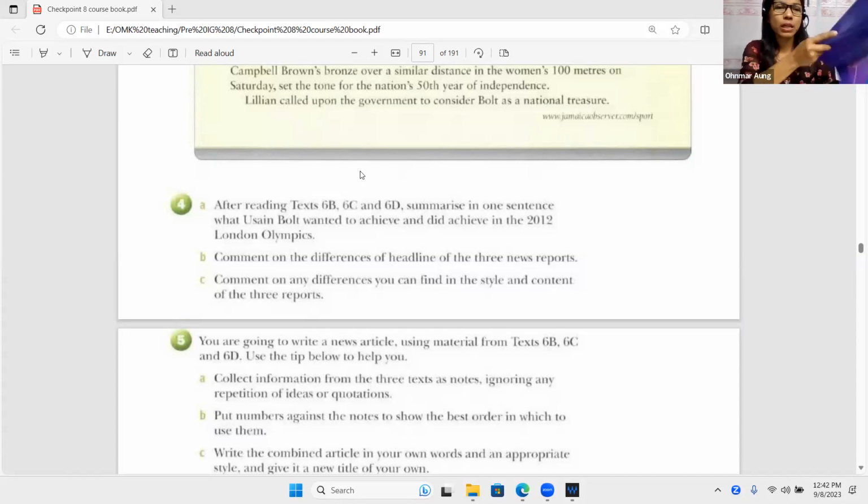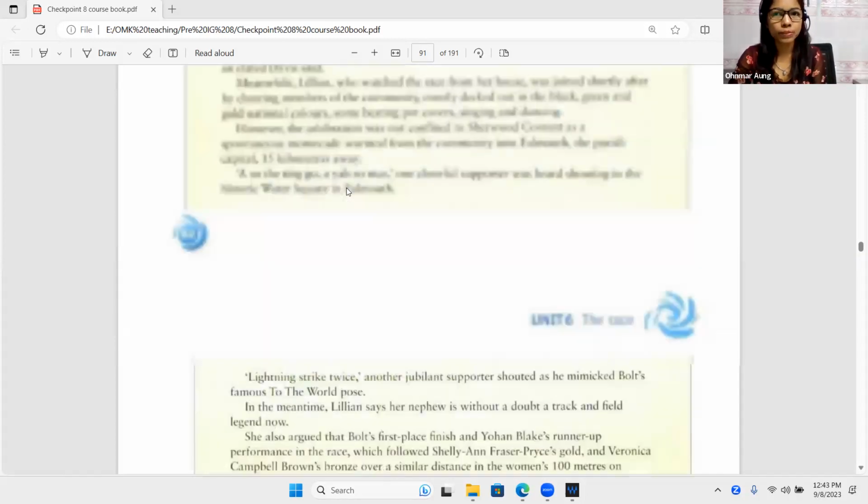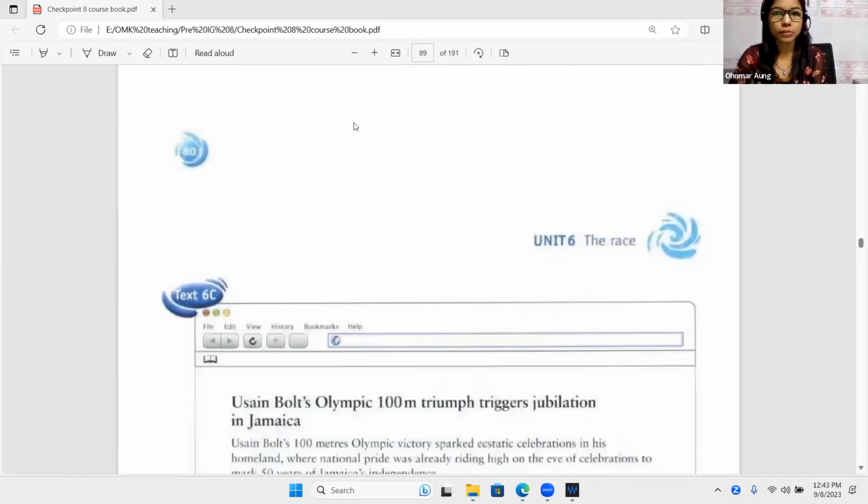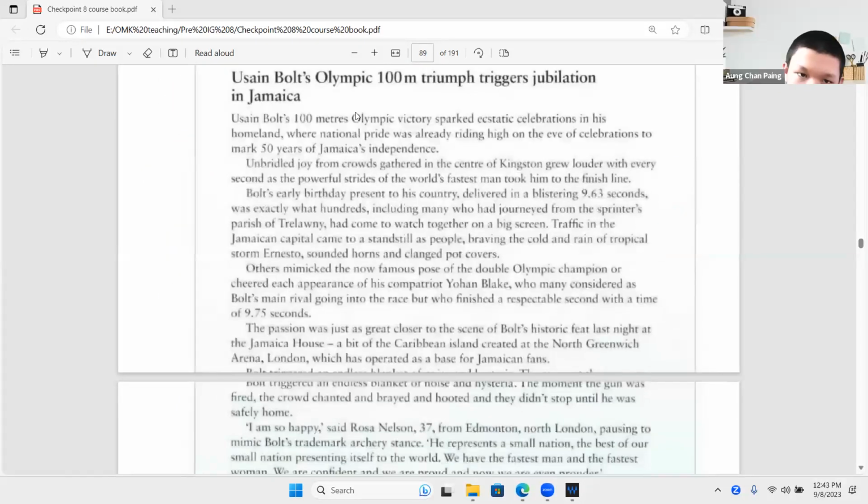What is this reading text about? In general, you need to start from the title. You need to decide. What is it about? Getting a new world record. Sorry? Can you repeat?